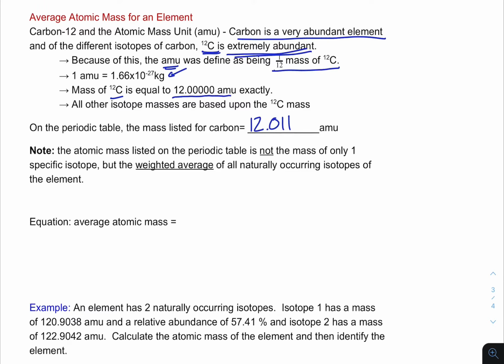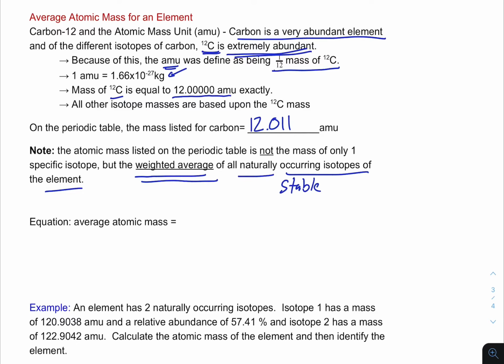This is a fraction of a number slightly greater than 12. Now, where did this come from? Every single mass that's present on the periodic table is an average, and what we call specifically a weighted average of all the naturally occurring isotopes of that element. So basically any isotope that is stable, so that will be naturally occurring among the different isotopes.